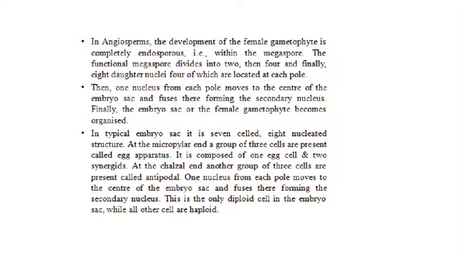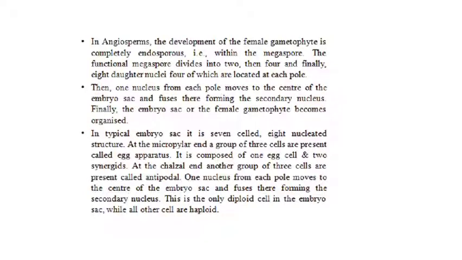See in the theoretical portion, in angiosperms the development of the female gametophyte is completely endosporous, that is within the megaspore. The functional megaspore divides into 2, then 4, and finally 8 daughter nuclei, 4 of which are located at each pole.